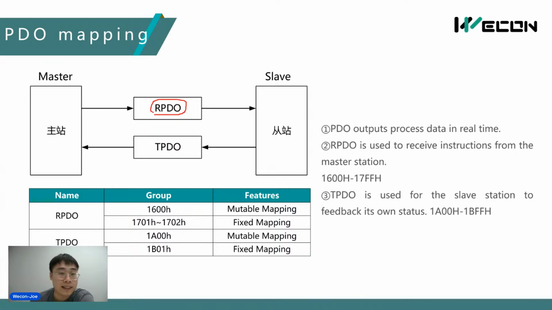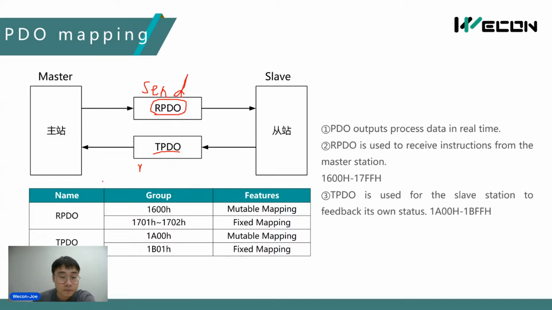RPDO is like a send function. It will send some data from master to slave, and TPDO is like receiving data from slave to master.